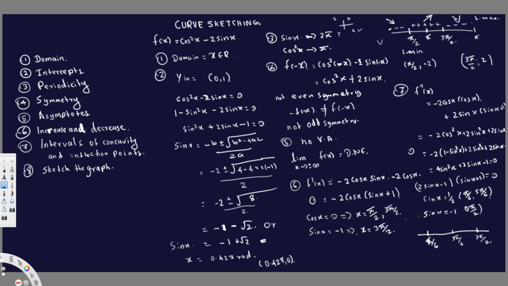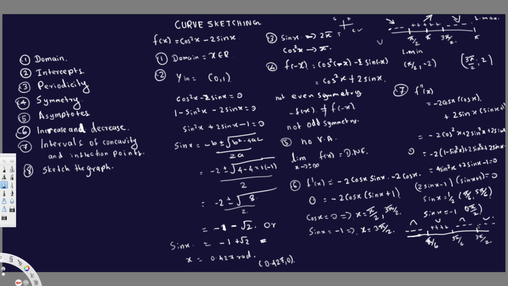Let's plug in a value below. If you plug in values below π by 6, you will get a negative value, between π by 6 and 5π by 6 you get a positive value, and after this it's going to be negative. So this means concave down, concave up, concave down, concave up.